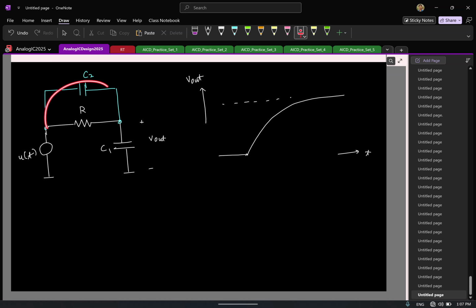Because I can short this capacitor C2 and my output is still non-zero, I'm going to have a 0. Now if I apply a step at the input, what can you say about V out at t equal to 0 plus? Do you think the voltage will change instantly or will it remain 0?